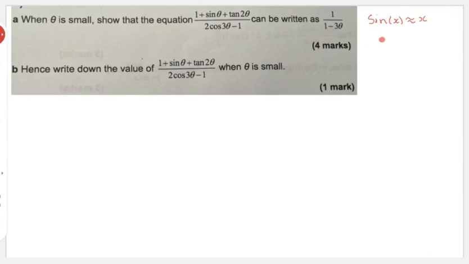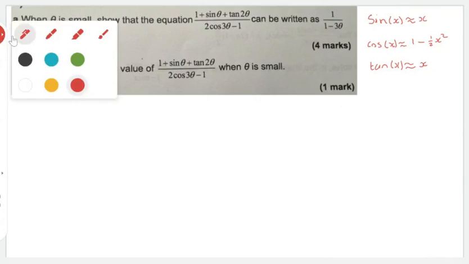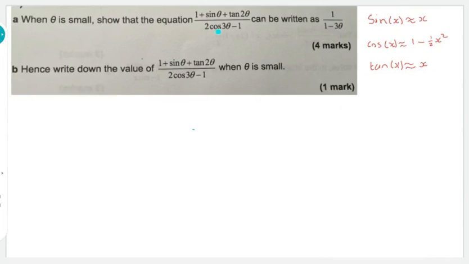Cos of x is approximately 1 minus a half x squared. Tan of x is approximately x. So we're using these facts and we're going to substitute into our expression.